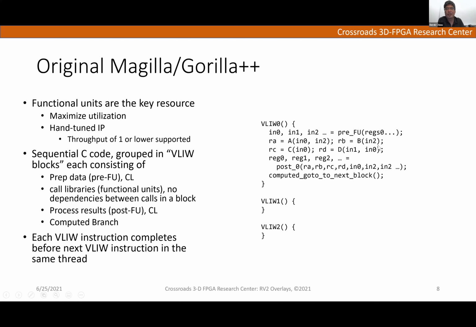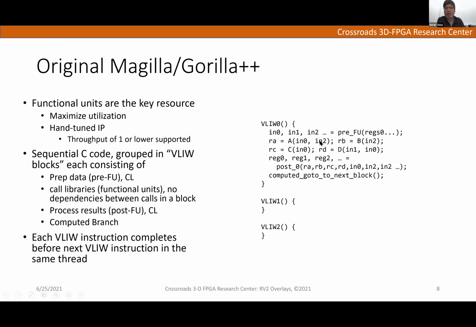So here's a very simple example of the code. All of the registers are basically the variables that I created before. These include the initial packet that arrived. Then I would generate various intermediate pre-functional unit parameters.